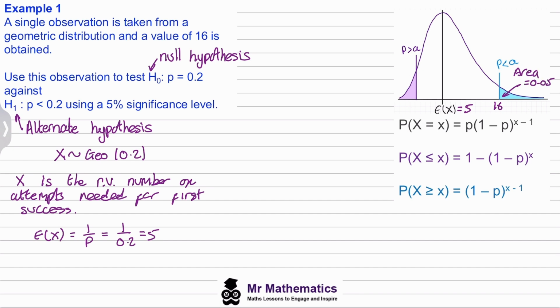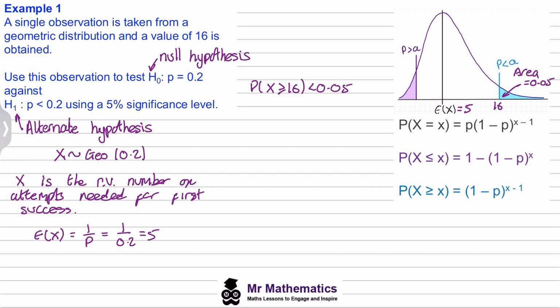So we need to find out whether the 16 falls inside the critical region or inside this region. So if the probability of X being greater than or equal to 16 is less than 0.05, then we fall in the blue region and we reject H0. If it's greater than 0.05, we fall to the left, and this is where we accept H0.